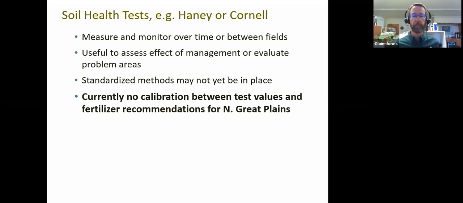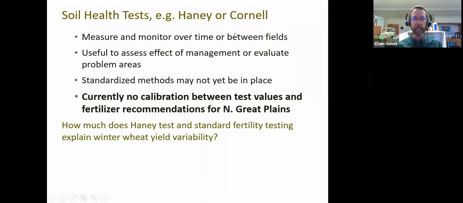For conventional, that's more of a big deal. And so some of these tests, like the Haney test, will supply fertilizer recommendations. They generally appear to be much lower nitrogen fertilizer recommendations than those based on standard tests that have been calibrated with trials in Montana.